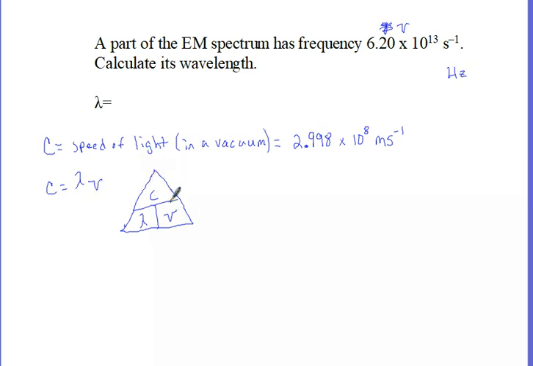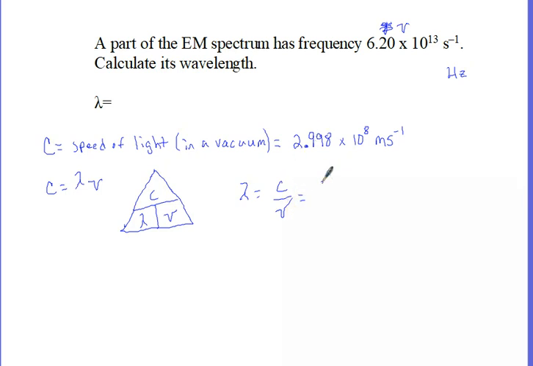So in this particular problem, you have a frequency that's given, and you're going to work off of this speed of light. If you want to solve for wavelength, you have c over nu. So that's your formula, c over nu. And you can make the other arrangement as well. If you wanted to solve for nu, you have c over lambda.